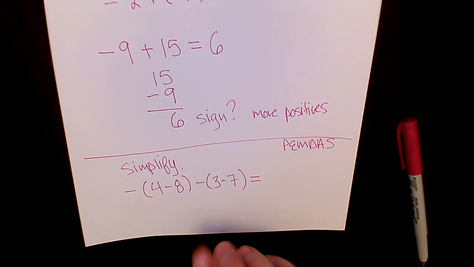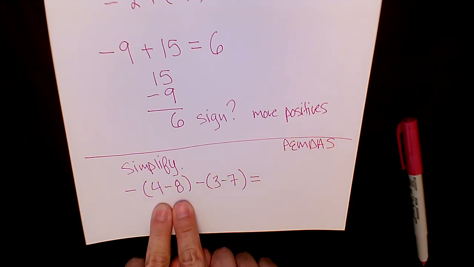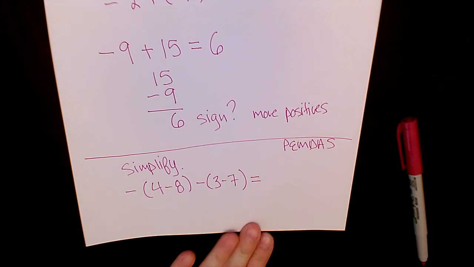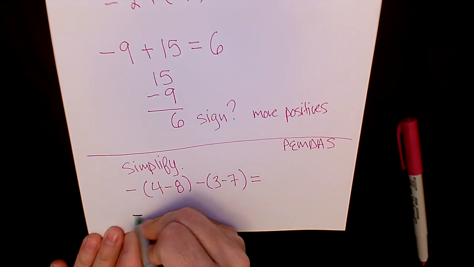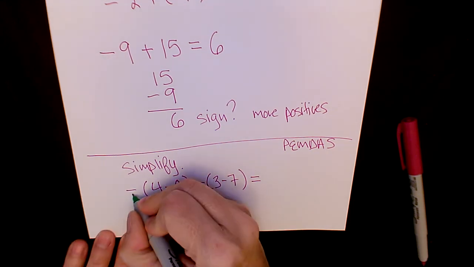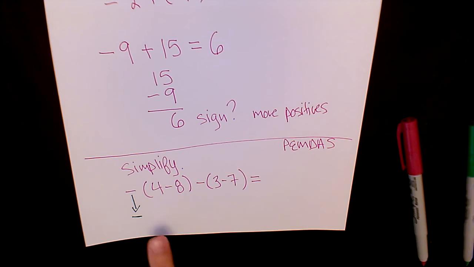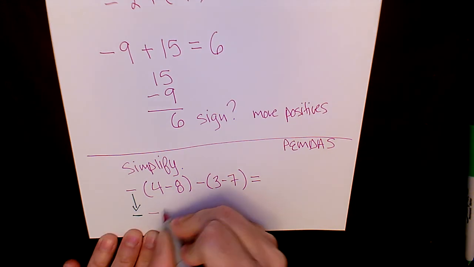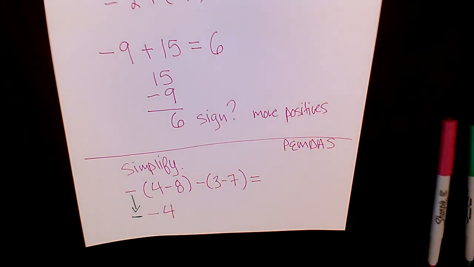And so I'm going to do whatever's in the parentheses first, and I'm going to bring down this negative. So what's 4 minus 8? Or what's 4 plus a -8? Well, when you subtract, 8 minus 4 is 4. And I have more negatives with the 8, so it's a -4.